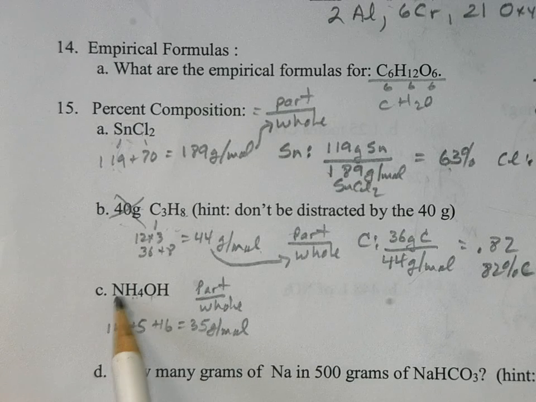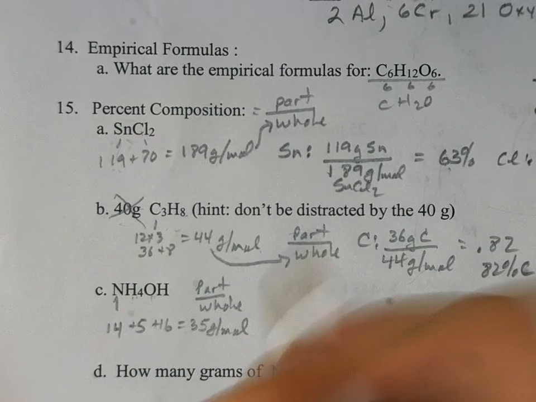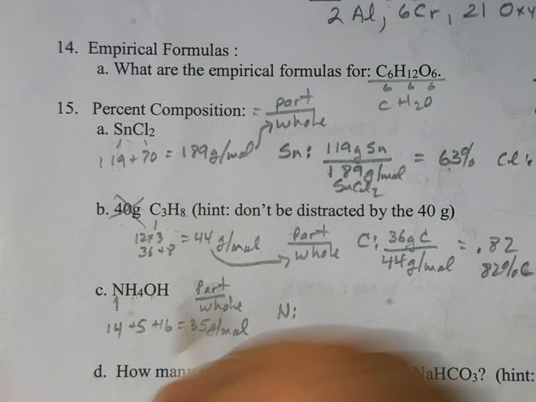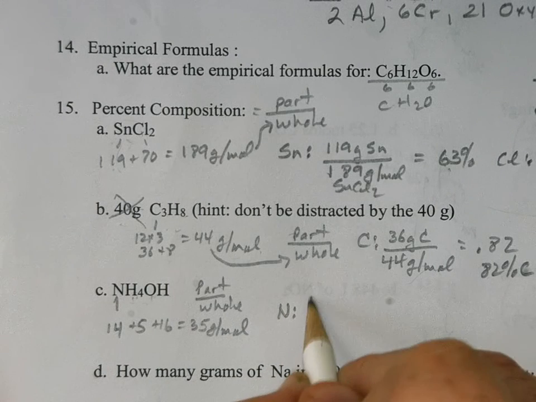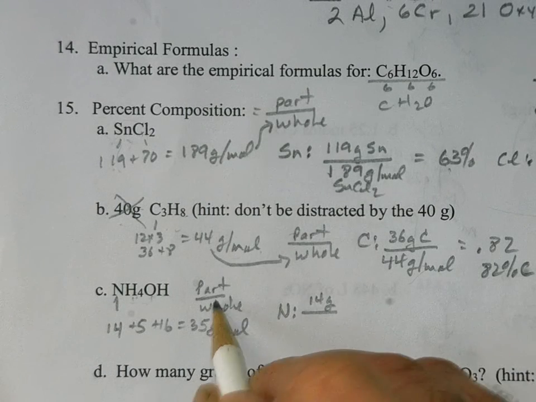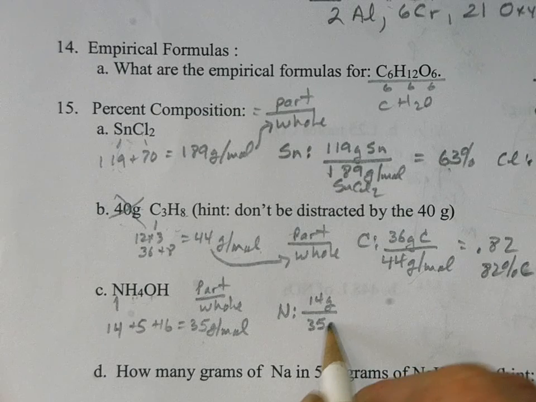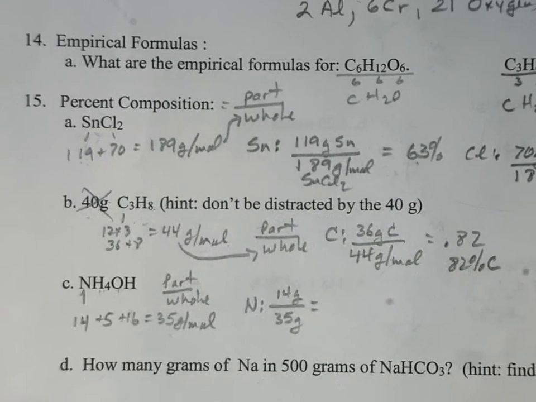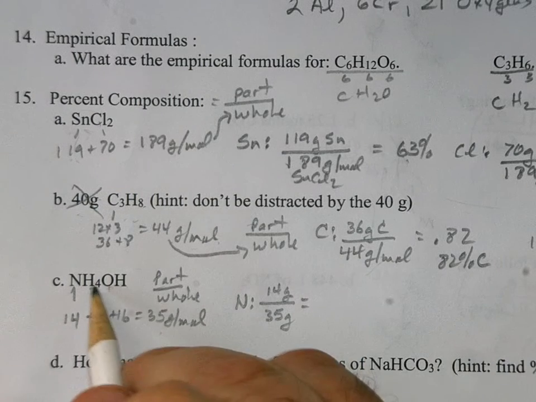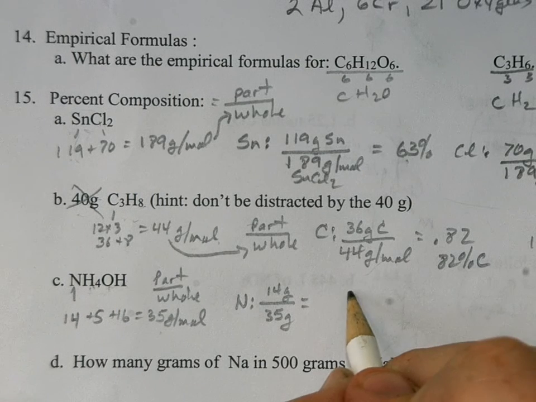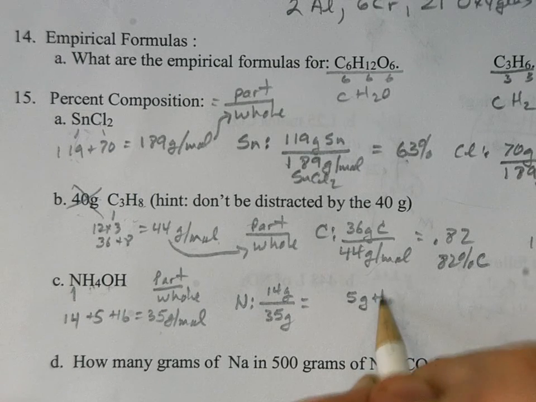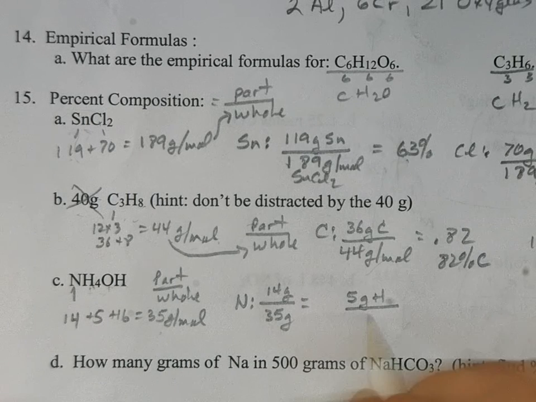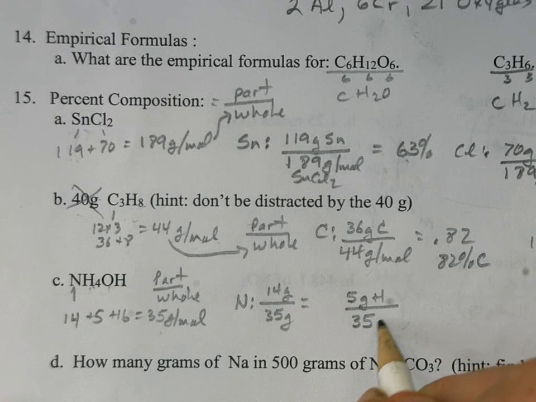Now I'll do nitrogen first. The nitrogen weighed 14 grams over 35. And then for the next one, hydrogens. Now remember, there's 4 plus 1 more, 5 hydrogens, so 5 grams of hydrogen, because every hydrogen just weighs 1, divided by the whole, which is 35 grams per mole.